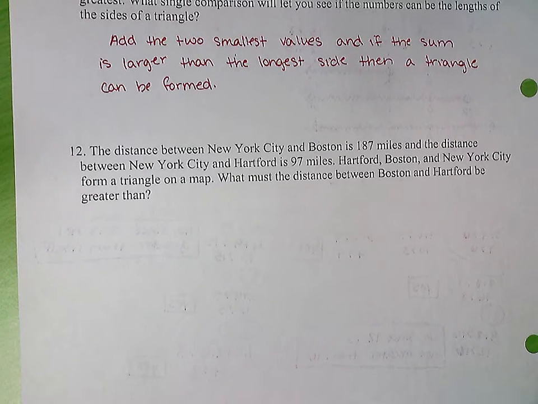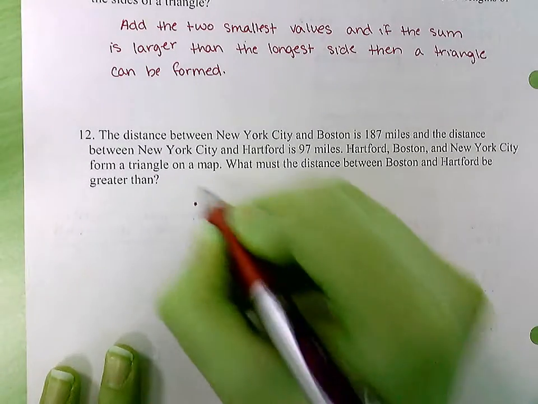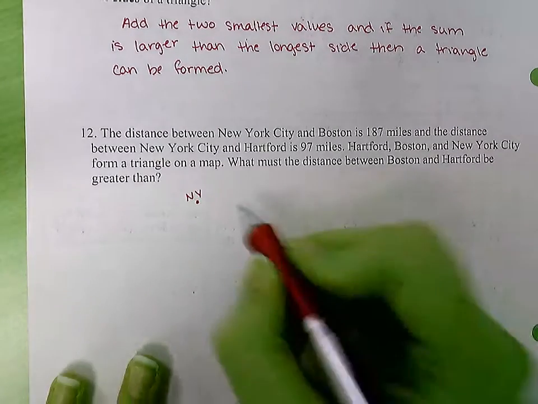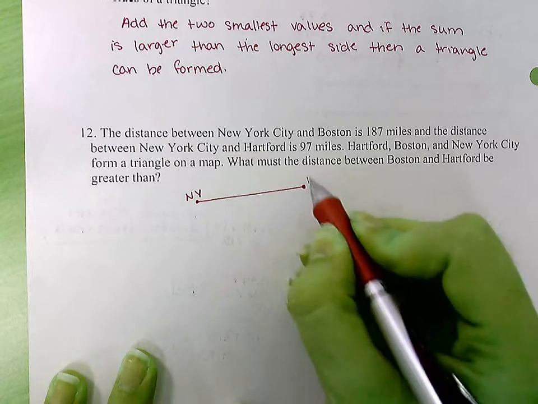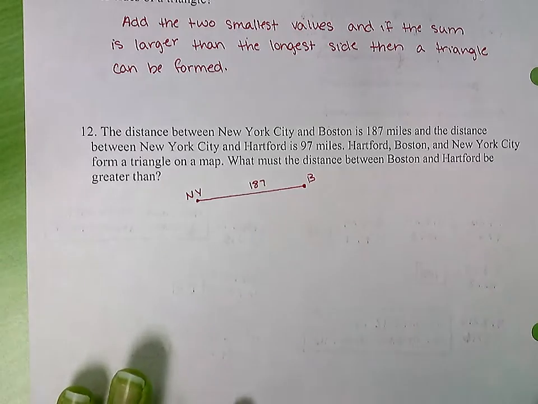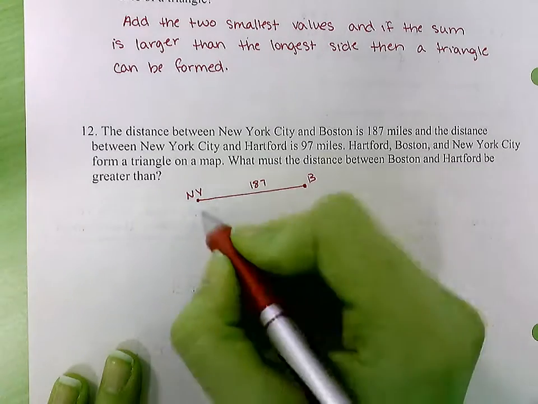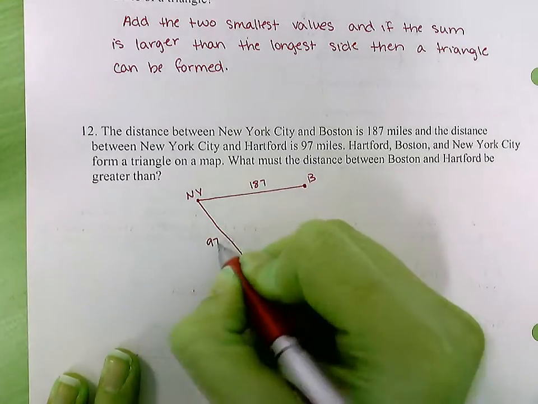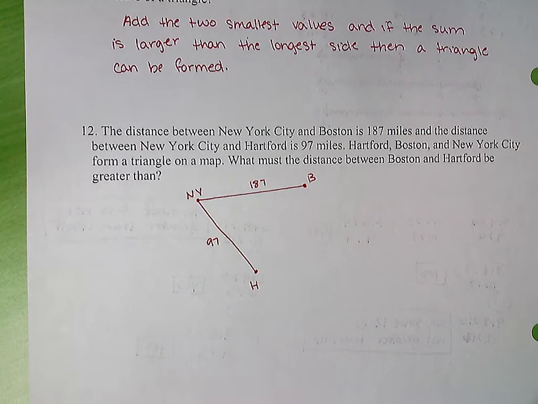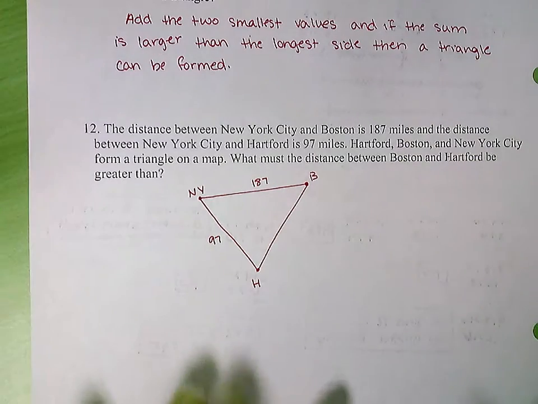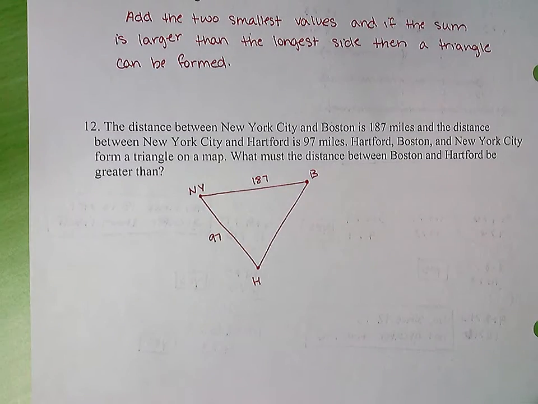Okay, so if I plot these points, this is New York. New York to Boston is 187 miles. New York City to Hartford is 97 miles. We need to find what the distance between Boston and Hartford has to be greater than.